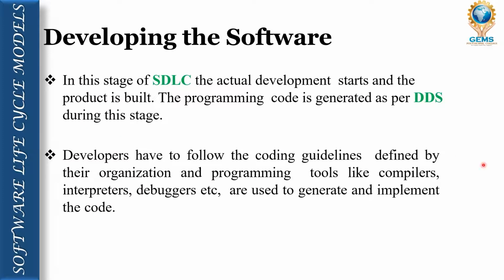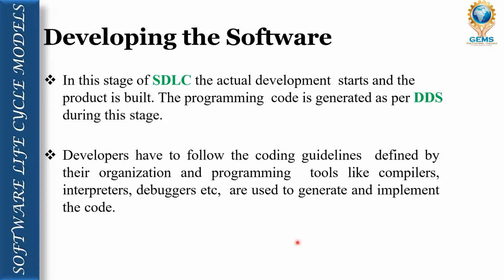Developing the software, in this stage of the SDLC, the actual development starts. Dear students, from this stage the actual development will start for the software development phase, because designing is over.